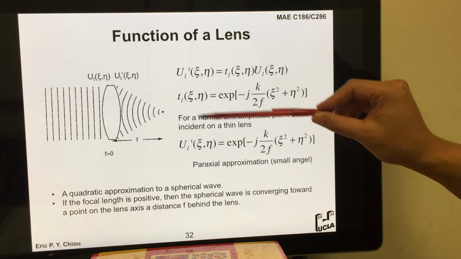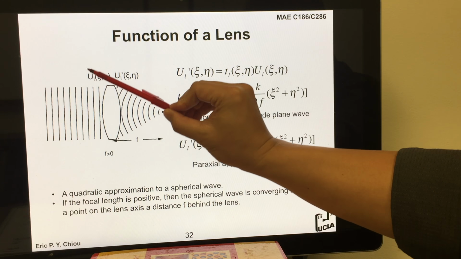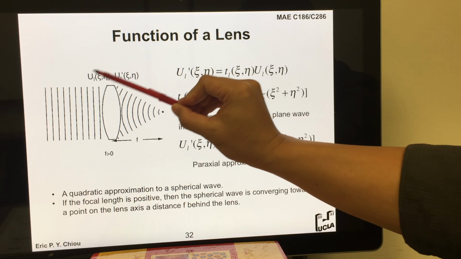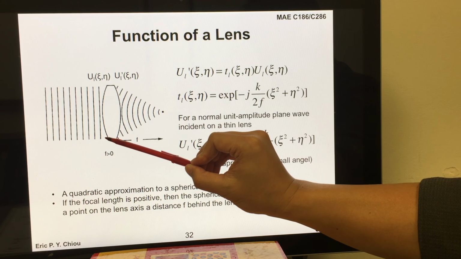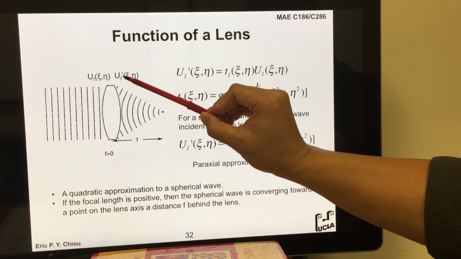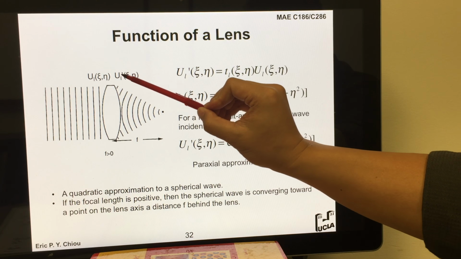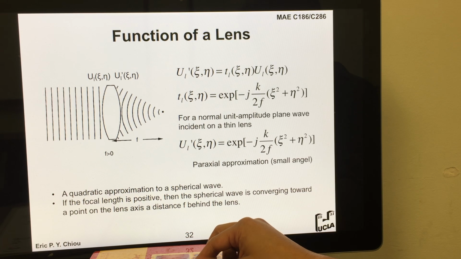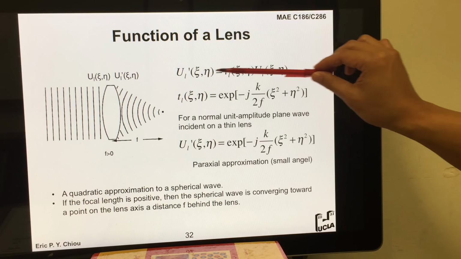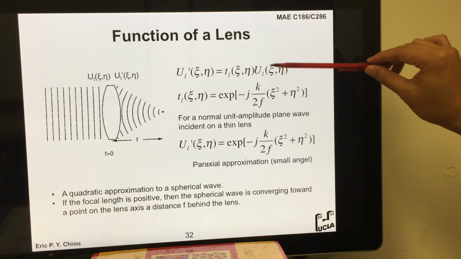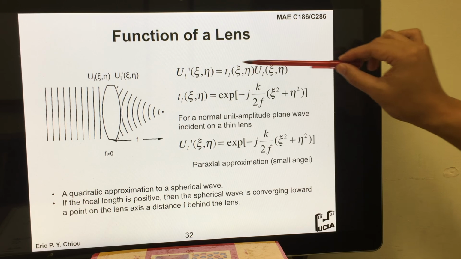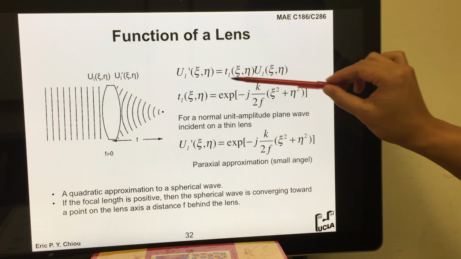So you can use this expression, where U is the field distribution before the lens, and after the lens you use U_L prime, where L is for lens, to represent the amplitude function. The field after the lens is equivalent to the field before the lens times the transmission function, which is the function of the lens.